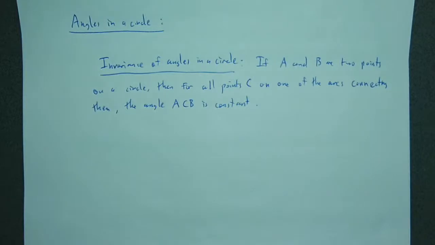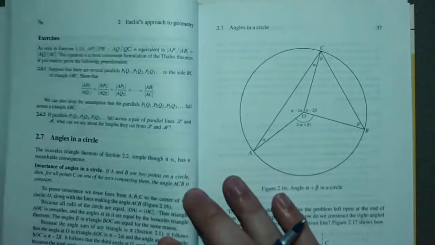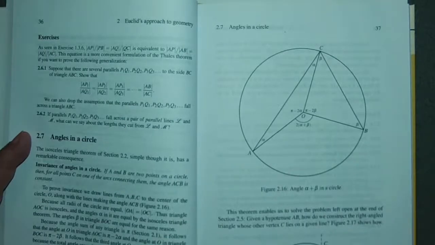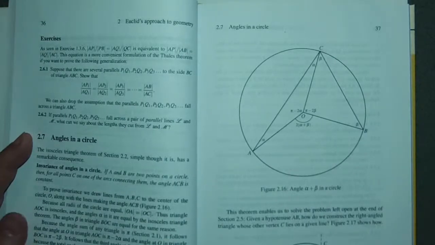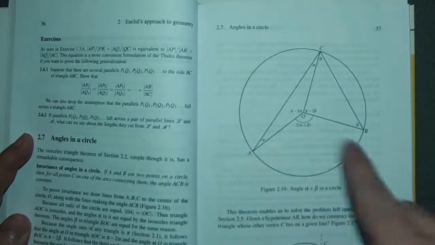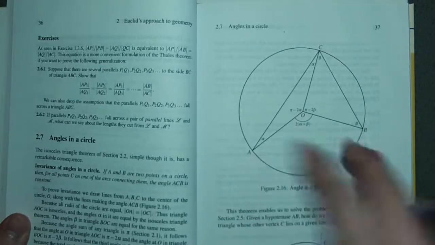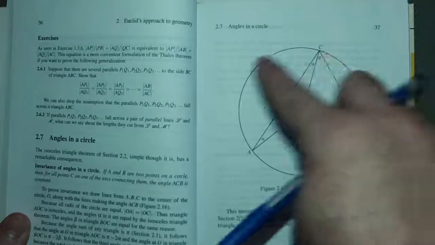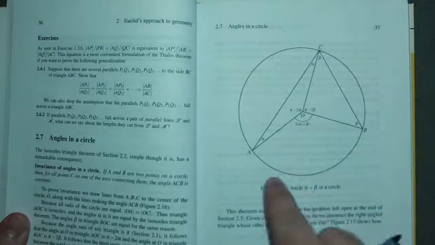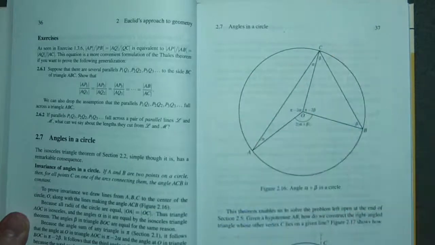What does that even look like in picture? Okay, well, in this picture, say that I have selected points A and B. Okay, so I select points A and B, and then I pick C wherever I want, either on this arc or along this arc.